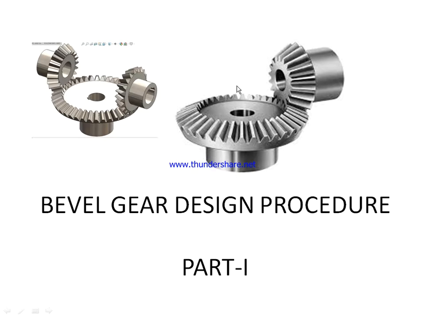If you extend this, it will look like a cone. Similarly, if you extend this, it looks like a cone, but that material is removed. So the teeth are cut on the frustum of the cone, and the power can be transmitted between the shafts, which may be around 90 degree or less than 90 degree or more than 90 degree.